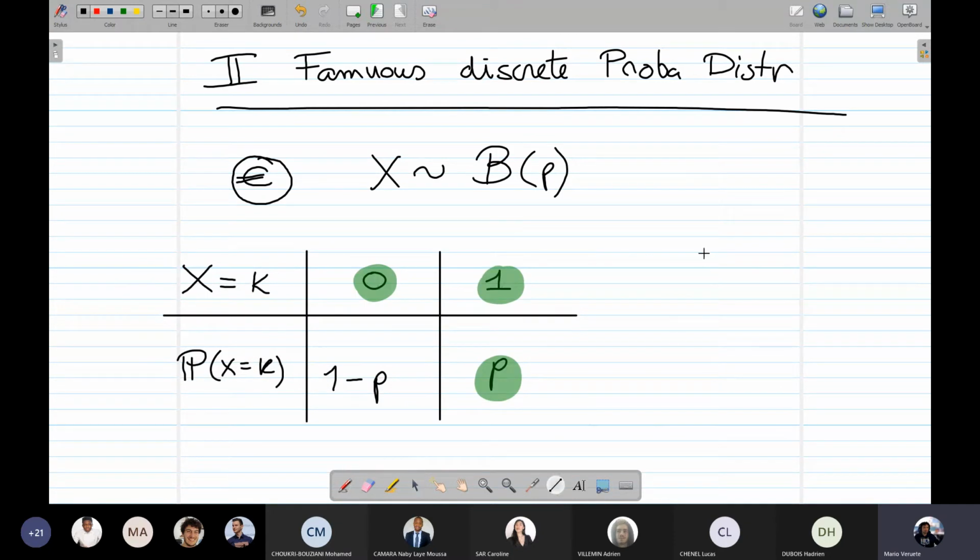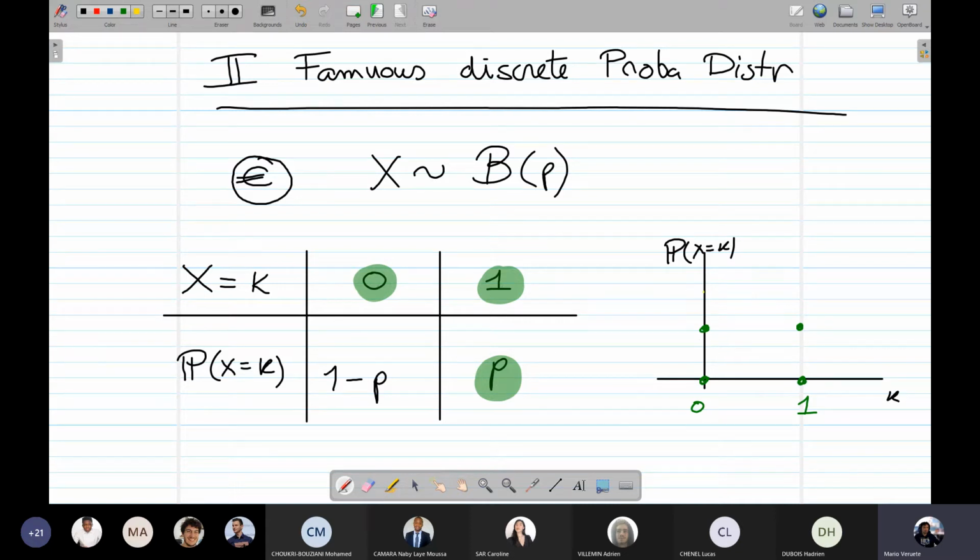Now, you can make a plot for this law, a very simple plot. In the x-axis, you put k. And in the y-axis, you put the probability that X equals k. So you have two possible values, 0 and 1, and for those, you have p and 1 minus p. If p is 1/2, then 1 minus p is 1/2 too, and we get a uniform distribution here. That's in the ideal case that the coin is not a tricky coin.